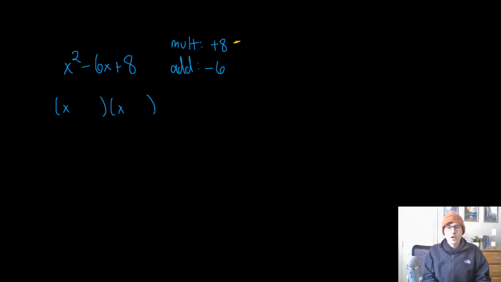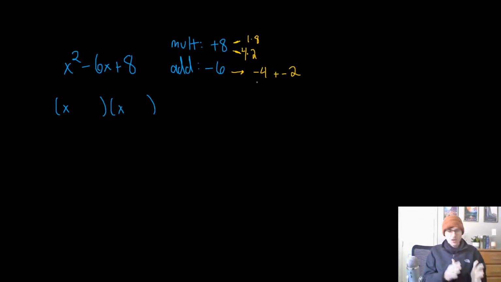Well, something that multiplies to 8 is 1 times 8. What else multiplies to 8? 4 times 2. And that's all I can think of as far as two numbers go that multiply to 8. 1 plus 8 is 9, but 4 plus 2 is positive 6. Now, is there a way I could get that to be negative 6? Well, what if instead of positive 4 and positive 2, I had negative 4 and negative 2?